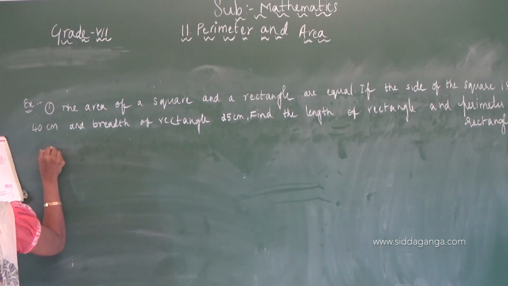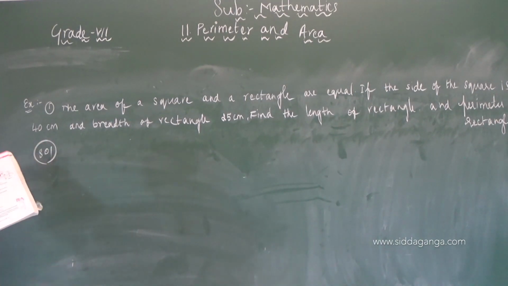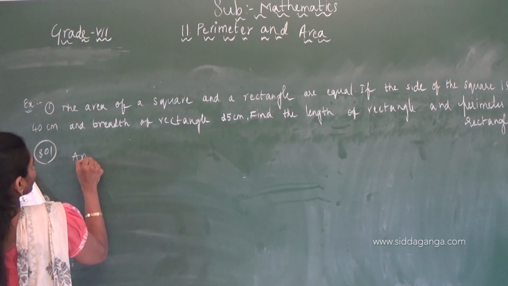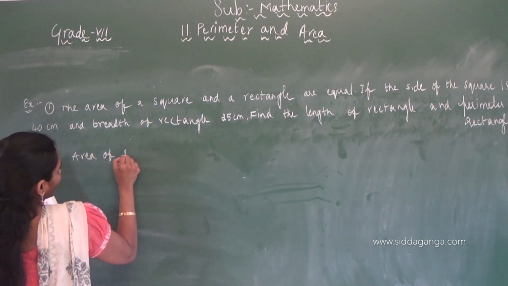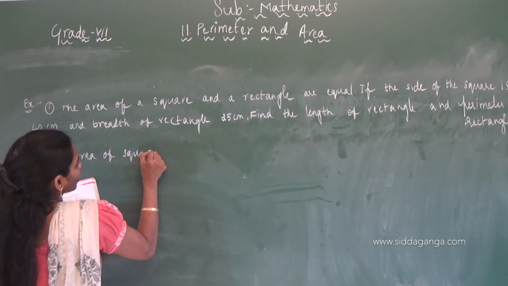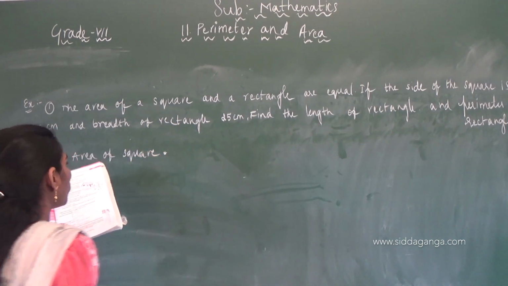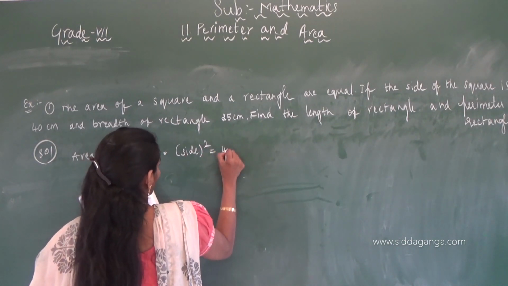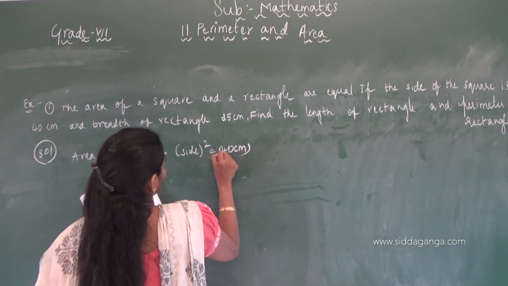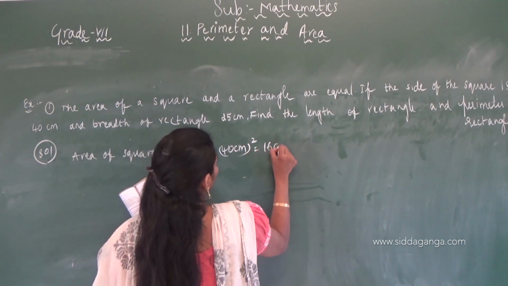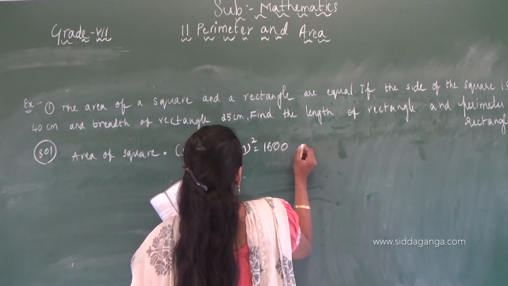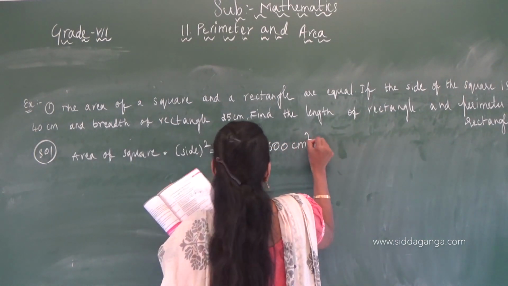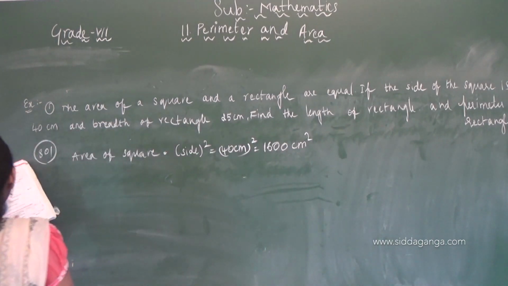Solution. Whatever they have given in the question, we write that. Area of a square equals side square, 40 centimeters whole square, that equals 1600 square centimeters.